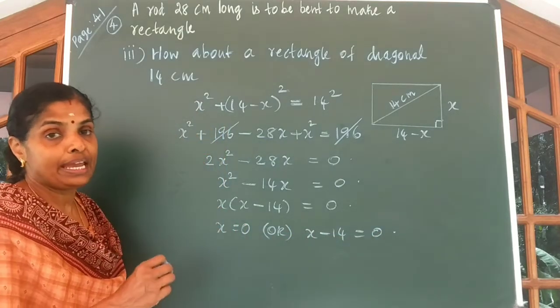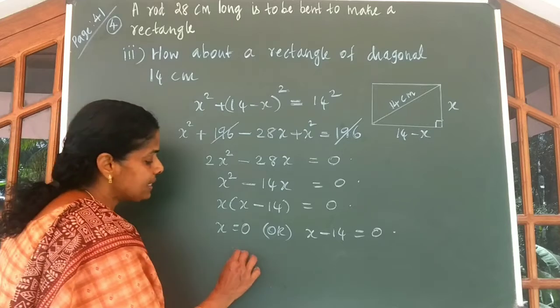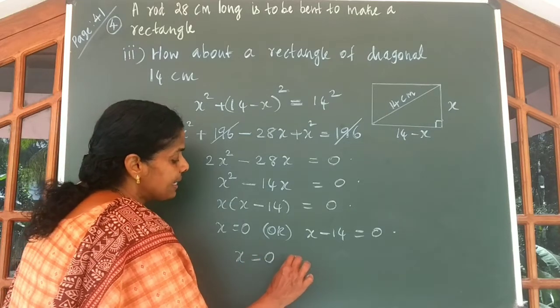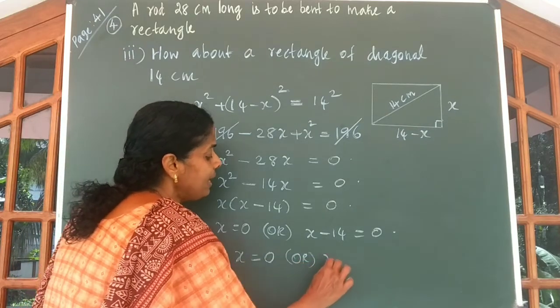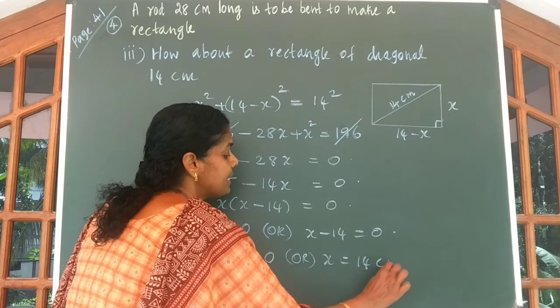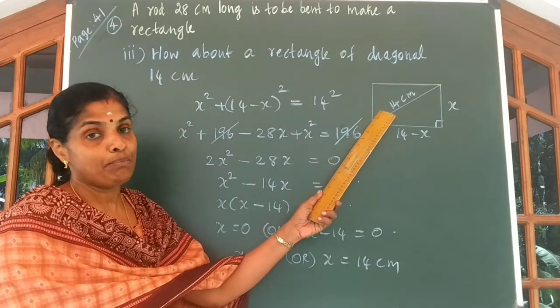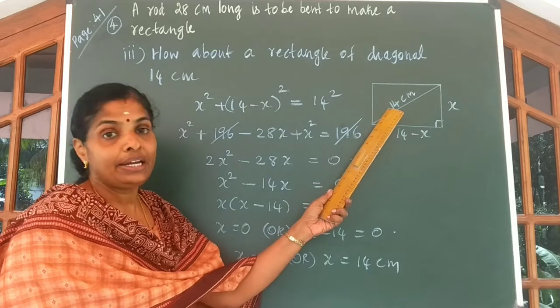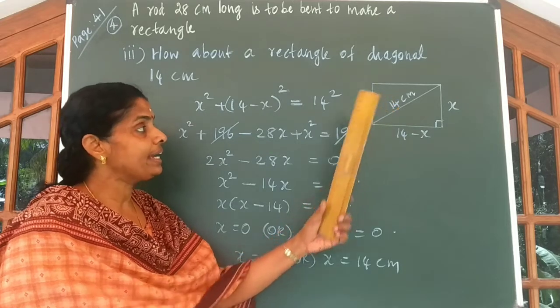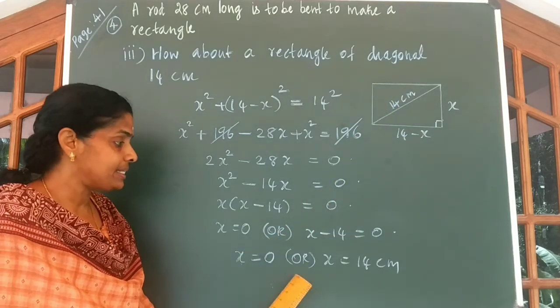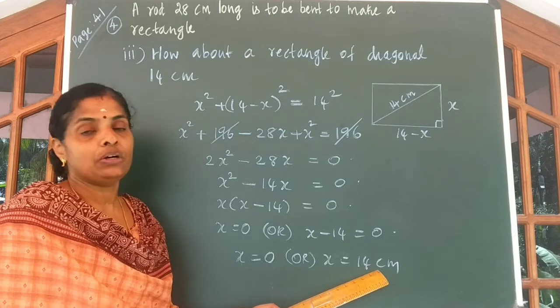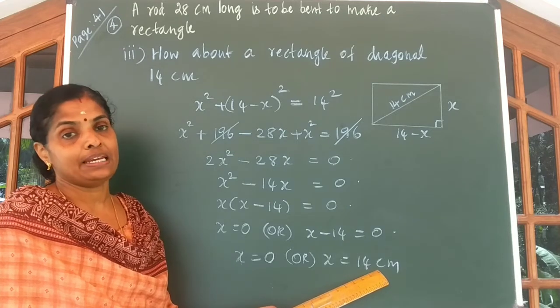From this, we get two values for x, that is either x is 0 or x is equal to 14 centimeter. Such a rectangle cannot be made because we cannot have a rectangle with diagonal equal to 14 centimeter and one side also equal to 14 centimeter.